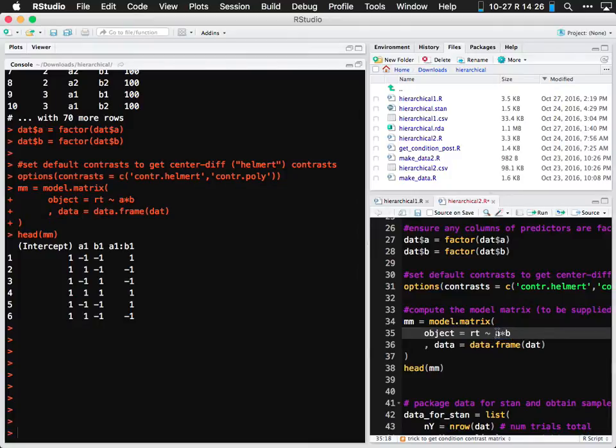It's actually the same as A plus B plus A colon B. So A alone is the main effect of A, then the main effect of B, and A colon B is a way of saying an interaction between A and B. The shorthand for writing this is just A times B. A times B auto expands to A plus B plus A colon B. So the long form was A plus B plus A colon B, where A colon B means interaction between A and B.